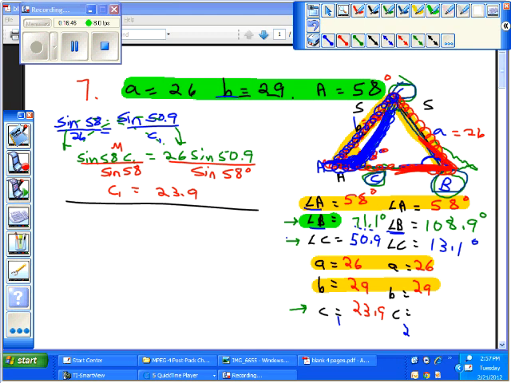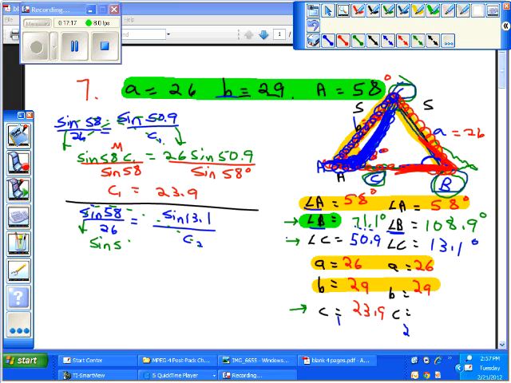Now, to get our second choice for little c, we do the law of sines again. A doesn't change, so sine angle A, 58, over little a, 26, is equal to, now we go to the second choice of angle measures for angle C, which would be sine 13.1 over little c choice 2. I'm just going to call it c2. So to solve, we're going to cross multiply.